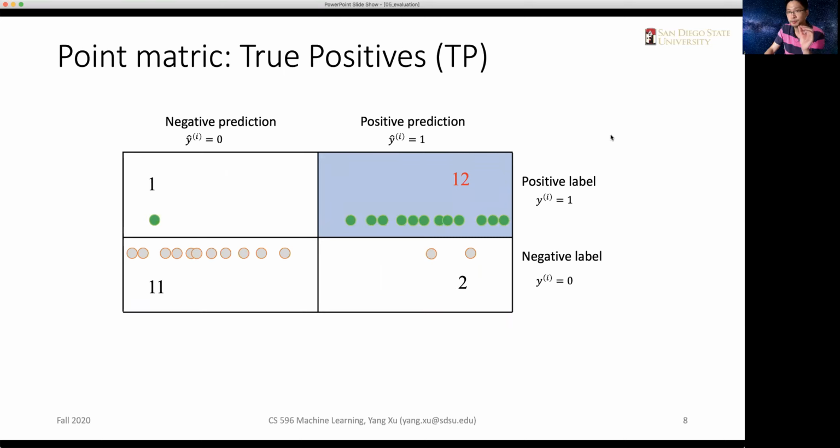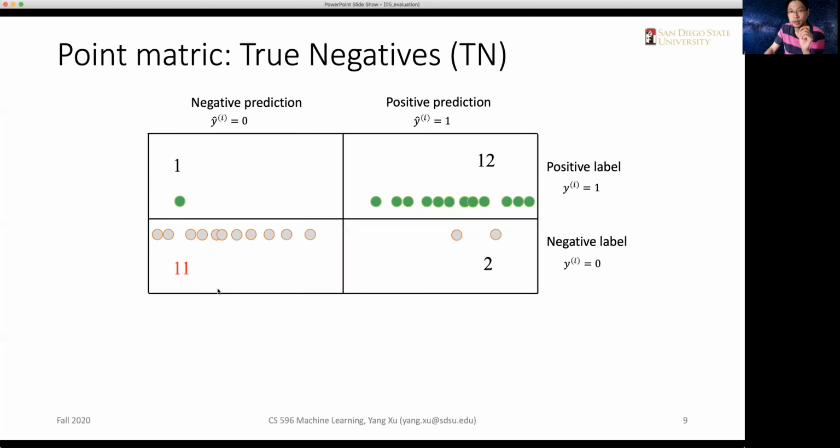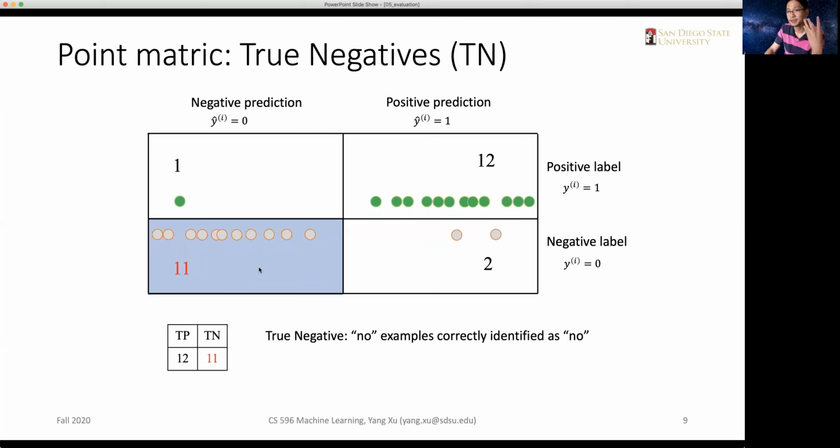It is the positive examples that are correctly identified as positive. We call it TP here. That's the number 12. And true negative, which is also straightforward, is actually negative and predicted as negative, in this third section. So we have TP and TN now.